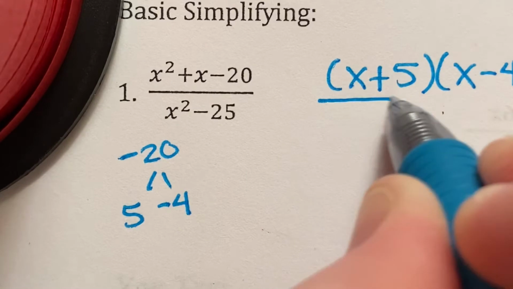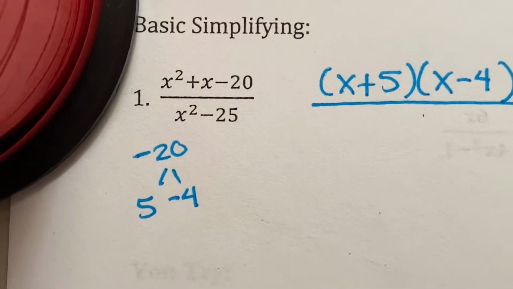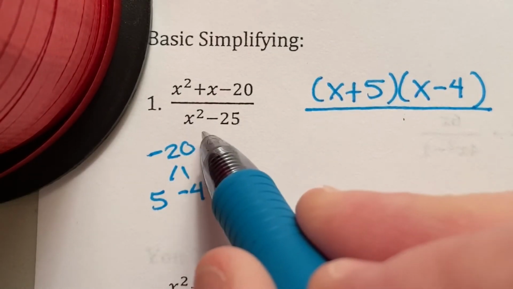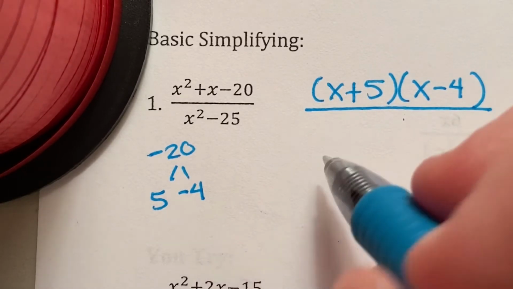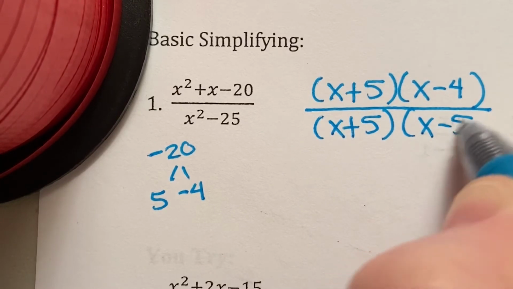And then we have to do the same thing for the denominator. For the denominator, you have difference of squares. So what can you multiply to get the 25? 5 and negative 5. So you would have x plus 5 and x minus 5.